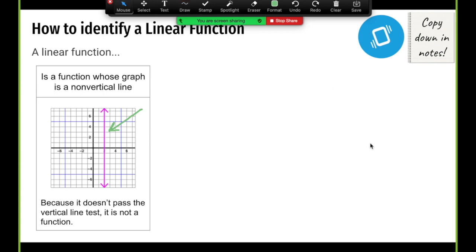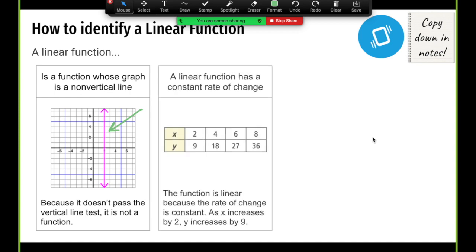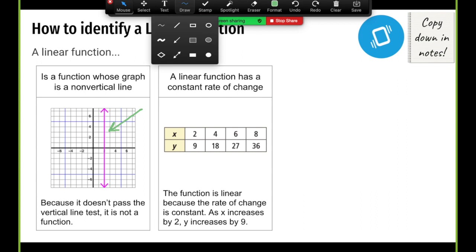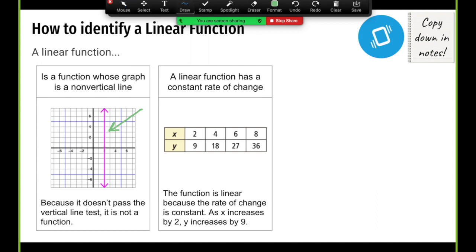Another thing that a linear function must have is a constant rate of change. So if we're looking at this chart right here, we see that x increases by 2, then it increases by 6, it increases by 2, adding it equals 6, and then 6 to 8 is just increasing by 2 as well.